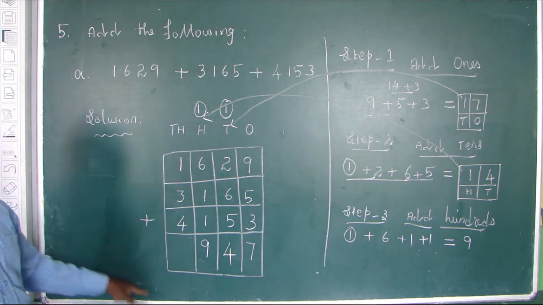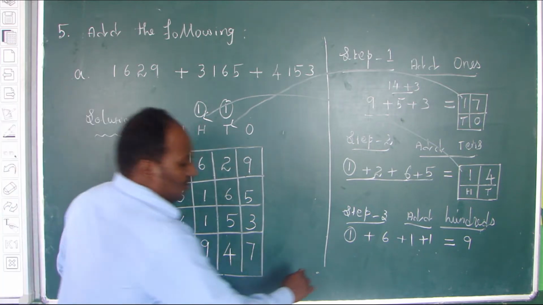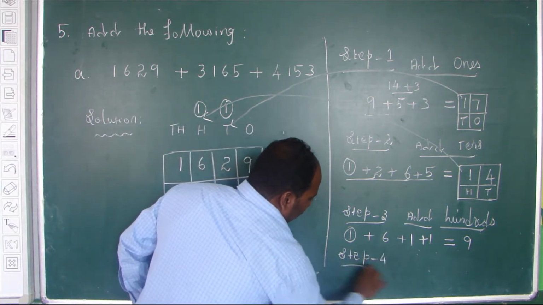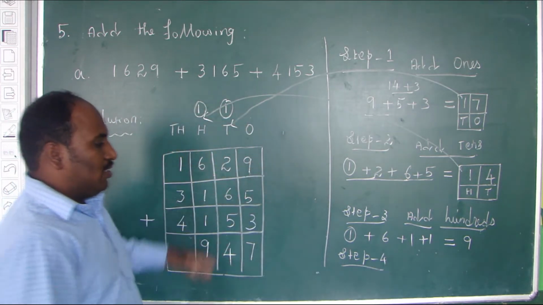Next we go to the thousand place. Step 4. Next we add the thousands.